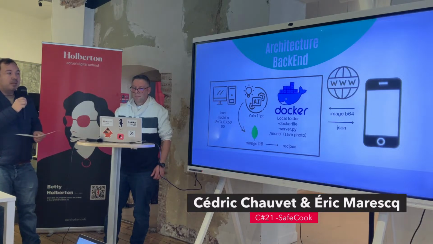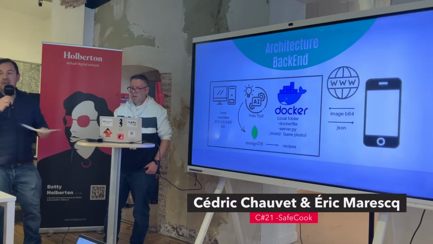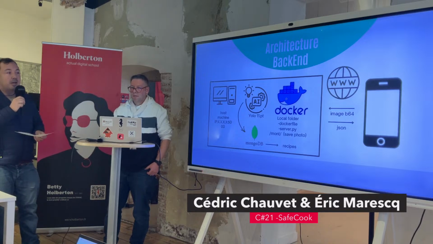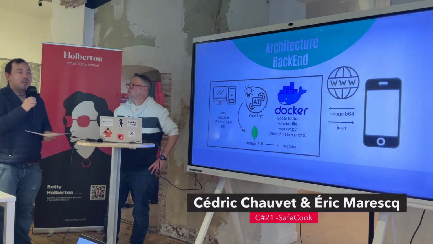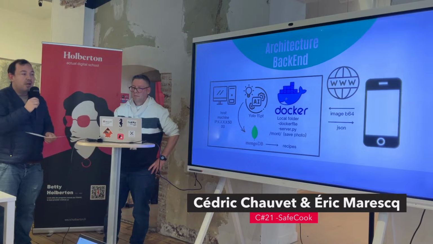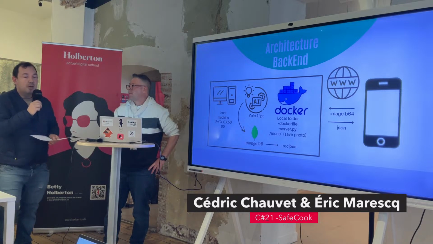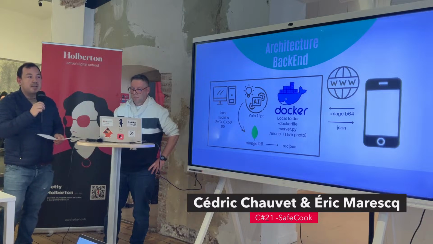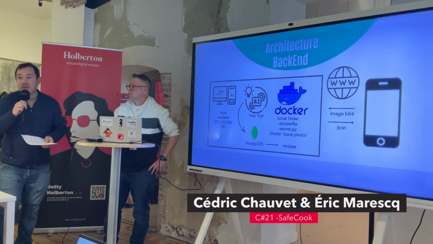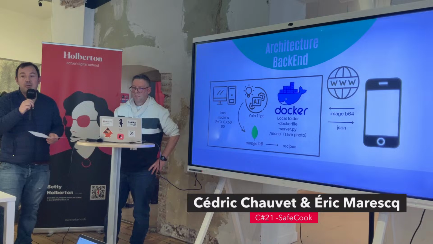The image goes through the YOLO model, which is an object detection model. It detects the elements, and those elements are matched in the MongoDB database in order to send some recipes. These recipes are sent in JSON format and displayed inside the mobile phone.